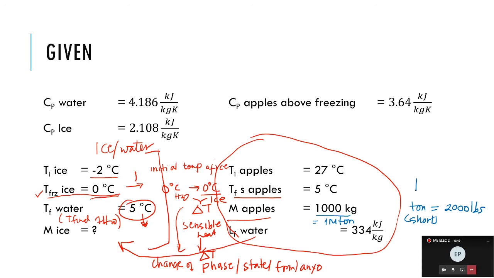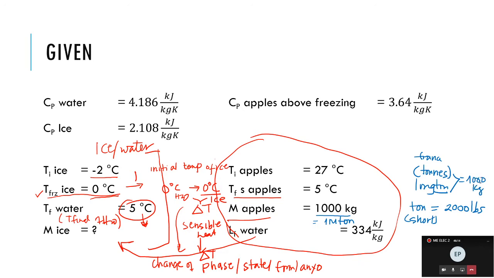And what about this long? You have to understand this short, long ton. And if you are from Europe, from France, they're using the term tonne. So what is ton here is the 1,000 kilogram.